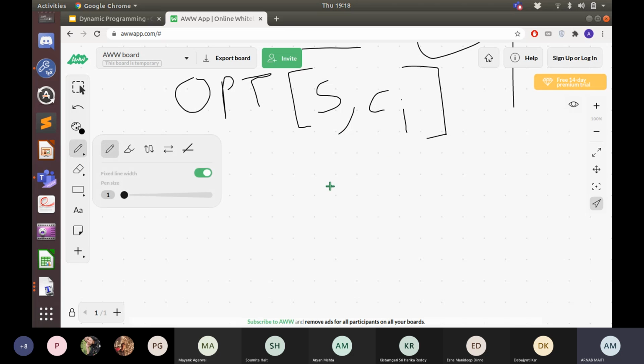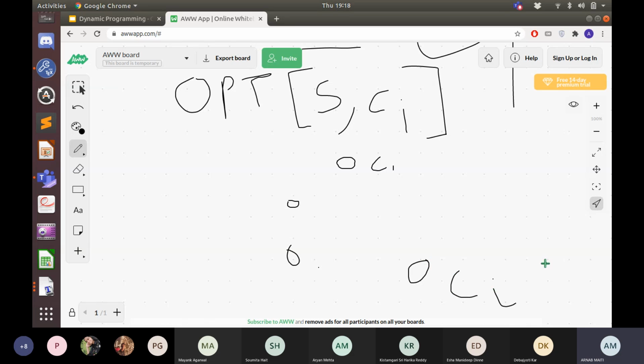Suppose we have C1, and we have C2, C3, and so on up to Ci. What this means is that we start from C1, we cover the vertices present in the set S, and then we finish at Ci.